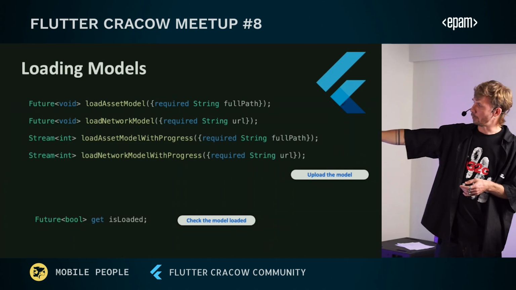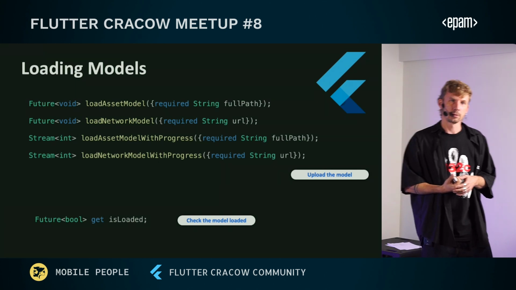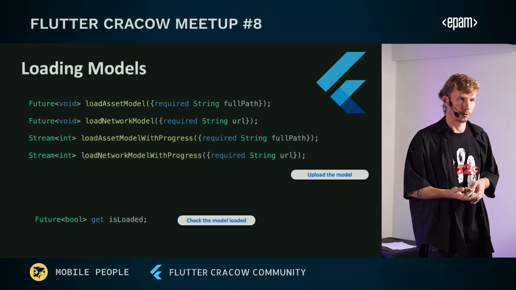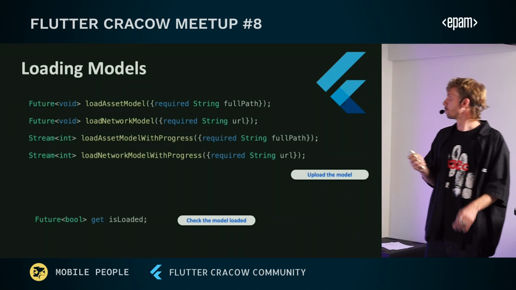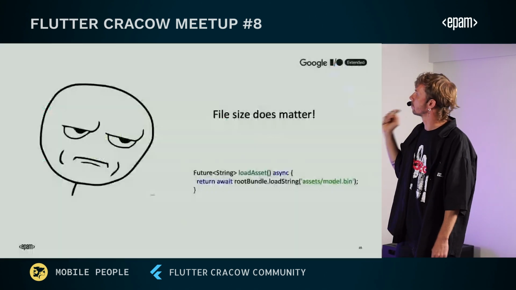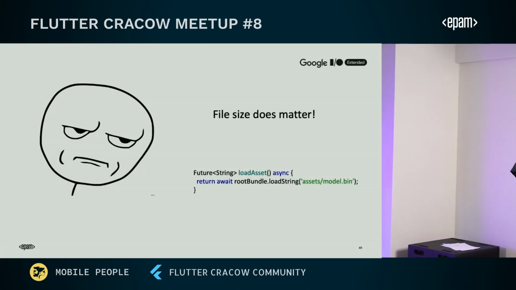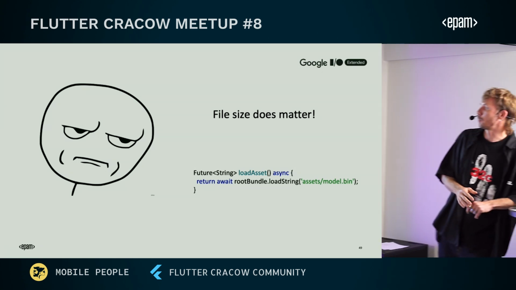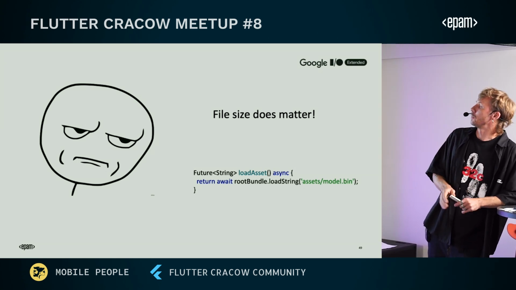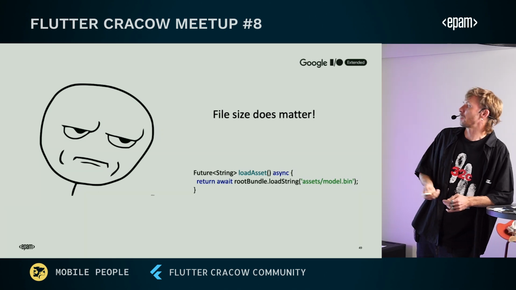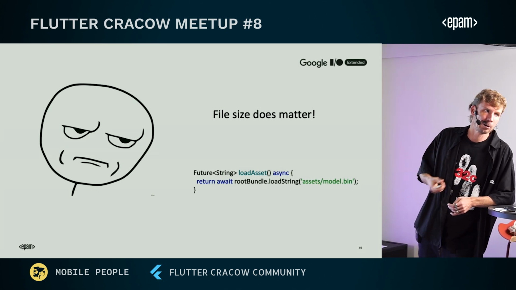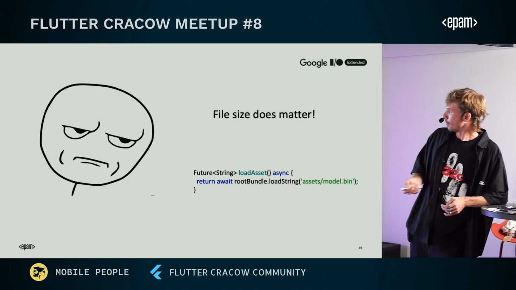There is a property isLoaded you can check. If the model is already loaded, you don't need to download. During the implementation of this approach, I found a fun fact. I knew about it, but now I understood how bad it is.